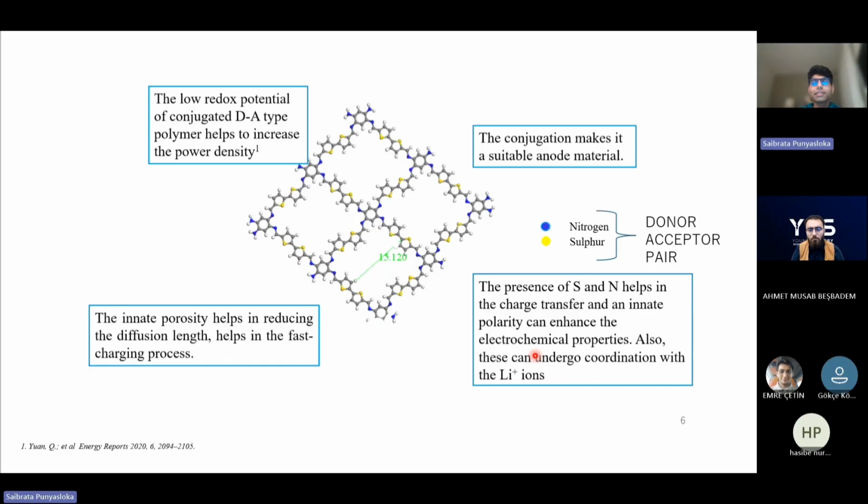So now the sulfur and nitrogen can also coordinate with the lithium. So that makes the whole charge capacity of this kind of material very high. And of course, there is a little porosity. Because of the porosity, lithium diffusion can take place, and so the process is again faster.